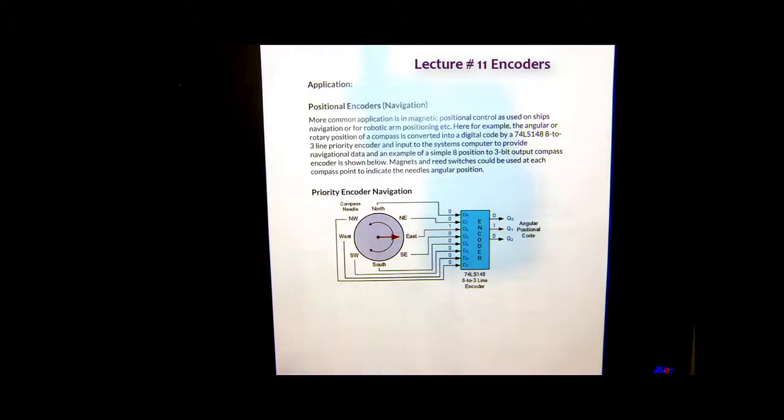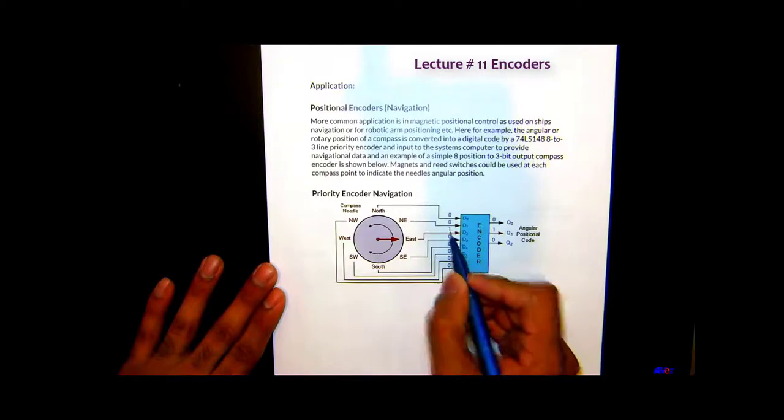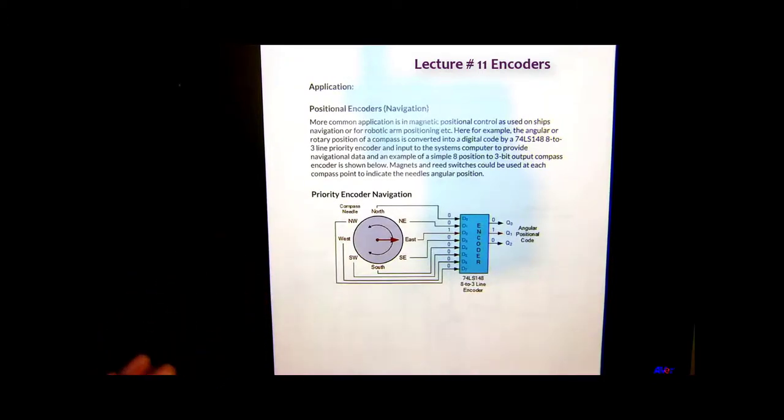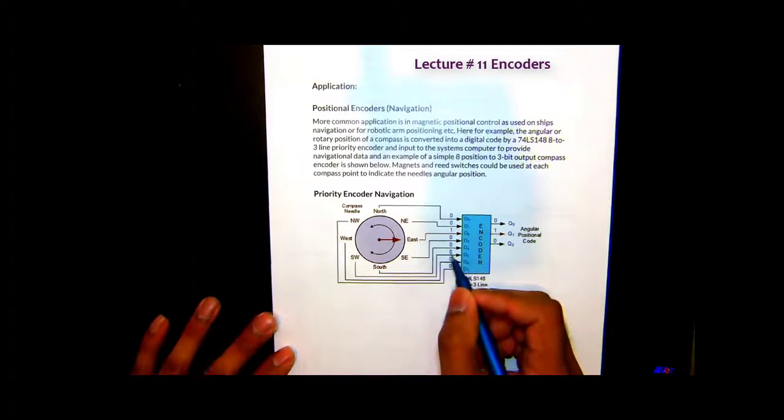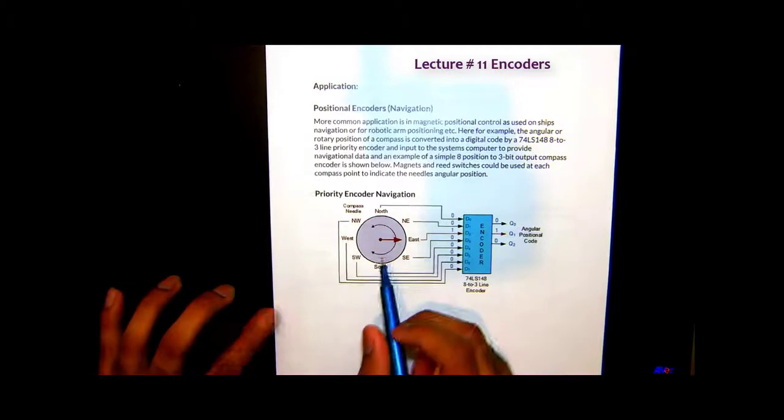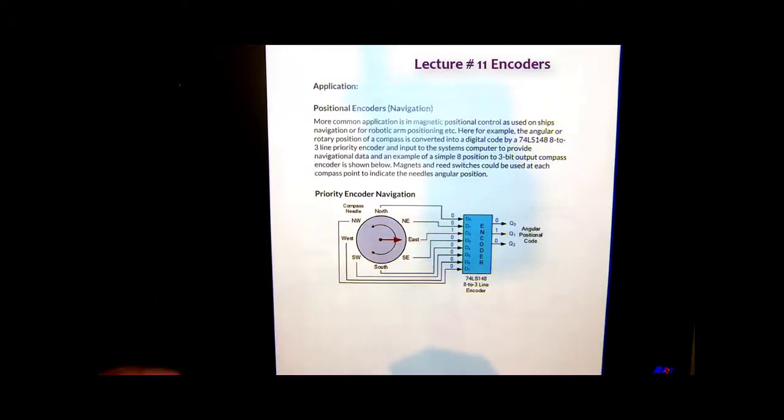So if you see the logic, it's 1, whereas it's 0 for the other data lines. There are 8 data lines, D0 to D7, and each data line is connected to a position in the compass. These positions are going to be triggered using reed switches or some kind of sensors or magnets that you would arrange in the compass.